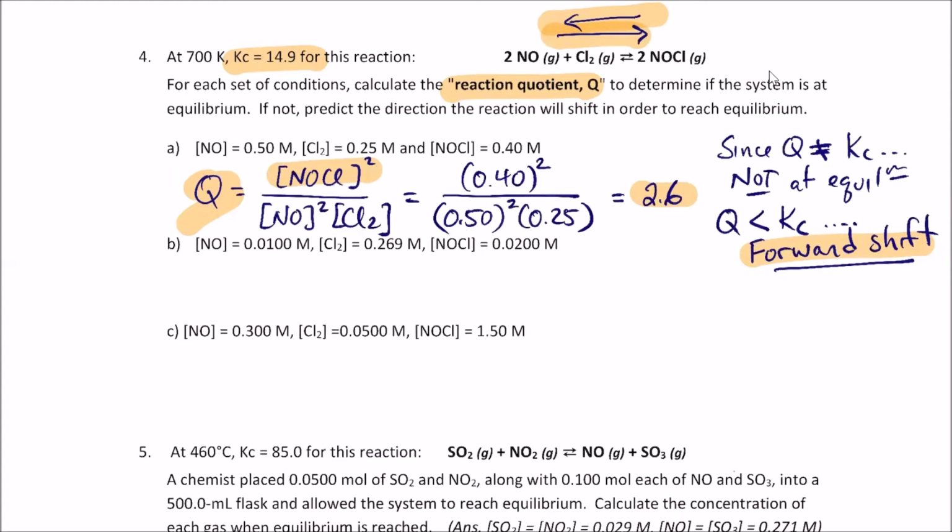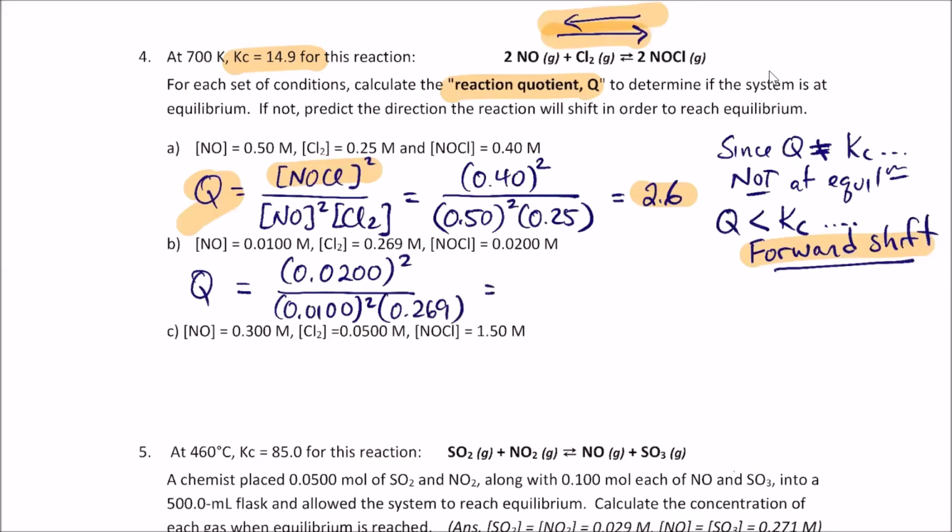Try part B. Calculate Q. I'll be lazy, I won't rewrite the expression, it's the same expression, but put your numbers in. So the NOCl is 0.0200 squared over 0.0100 squared, the NO, times 0.269.